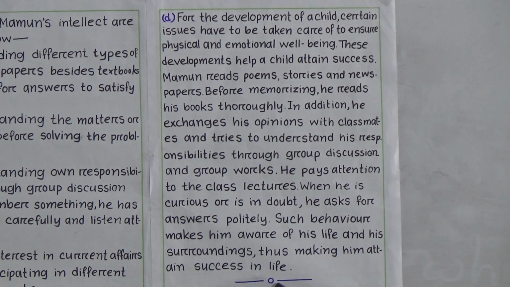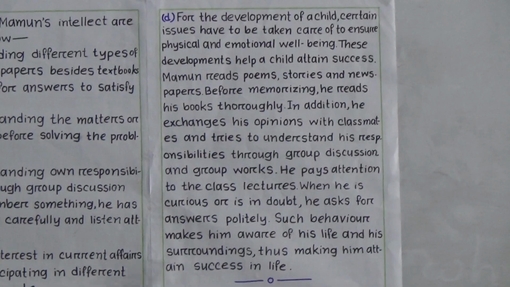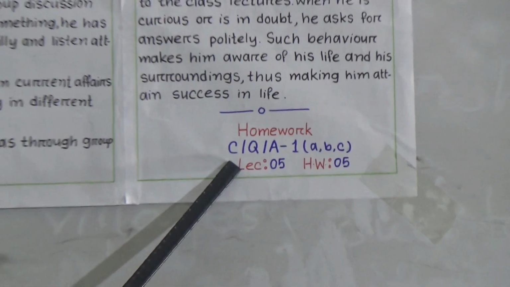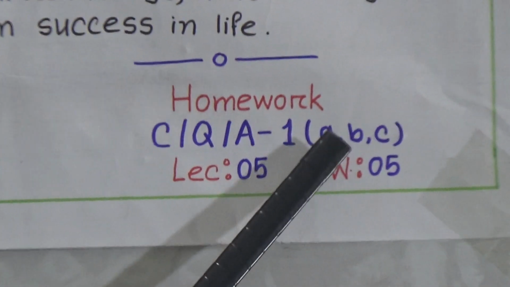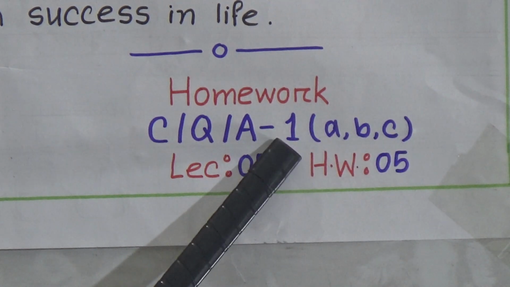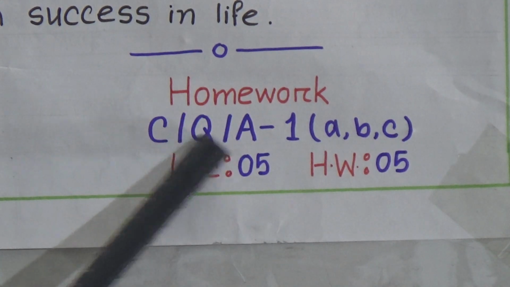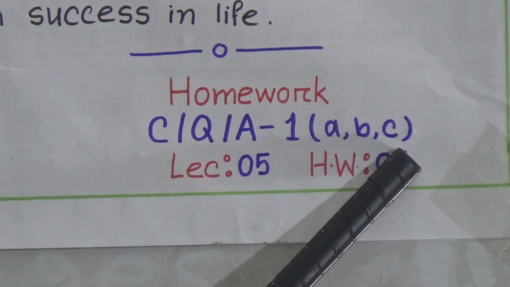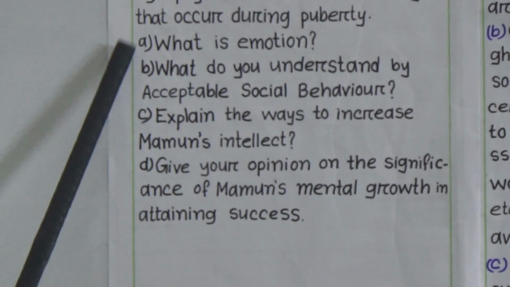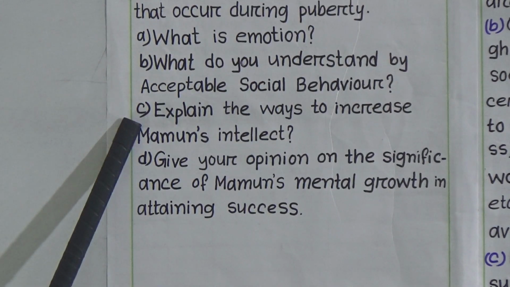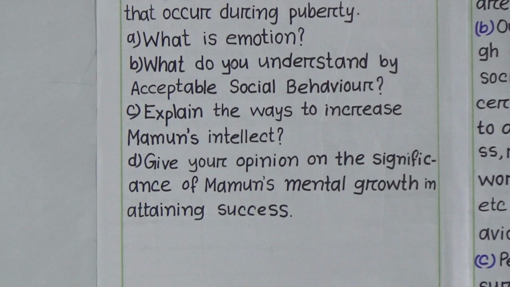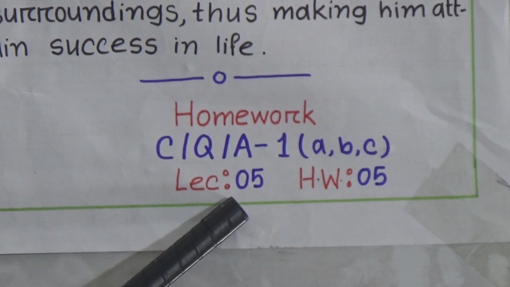Students, your homework will be creative question answer 1, parts A, B and C. Don't forget to write the lecture number and homework number at the top corner of your copy.